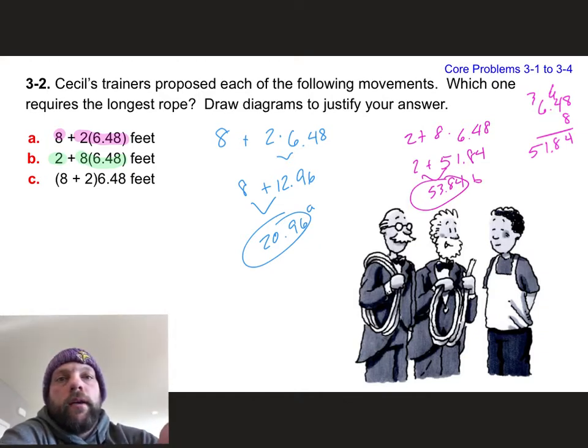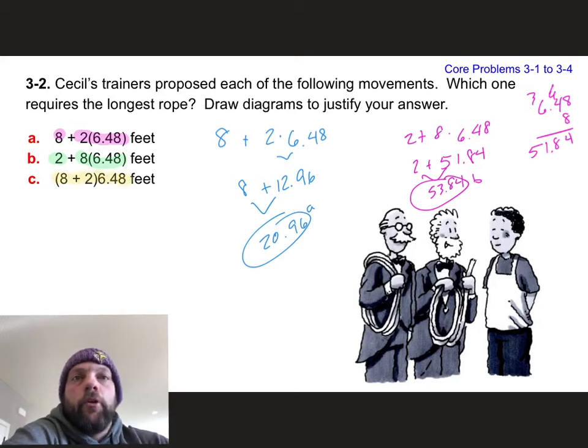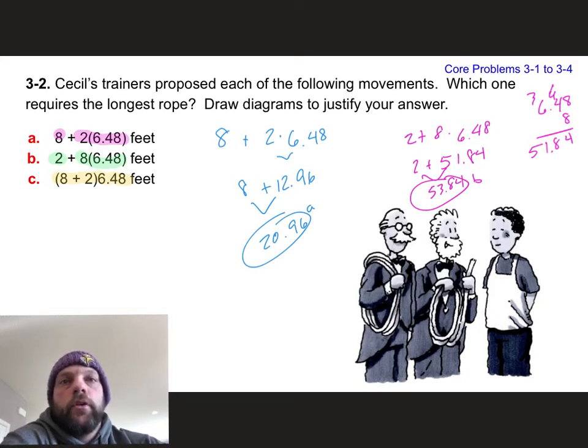And then we have our last problem where we actually go through our stop sign because it is in parentheses. So we have 8 groups of 2, 8 plus 2 in parentheses, and then we have the 6.48.